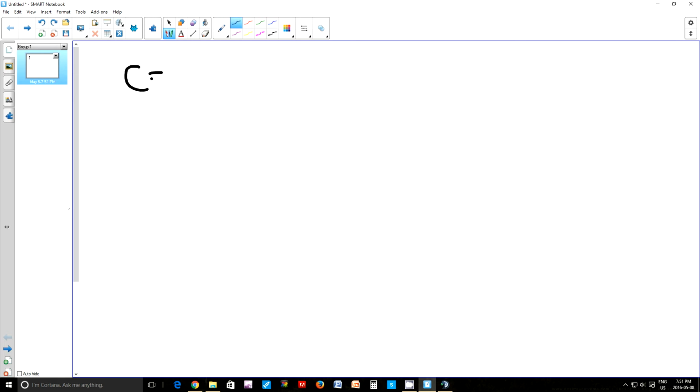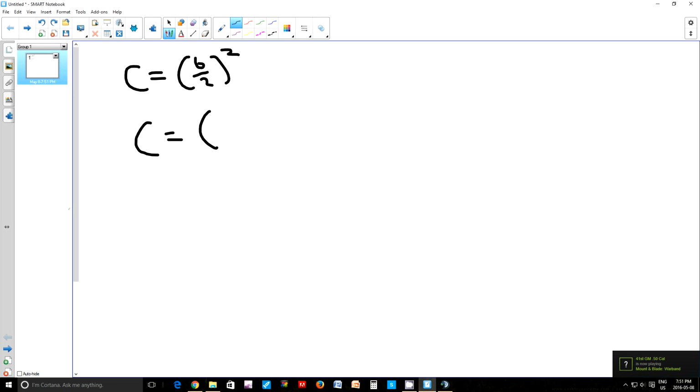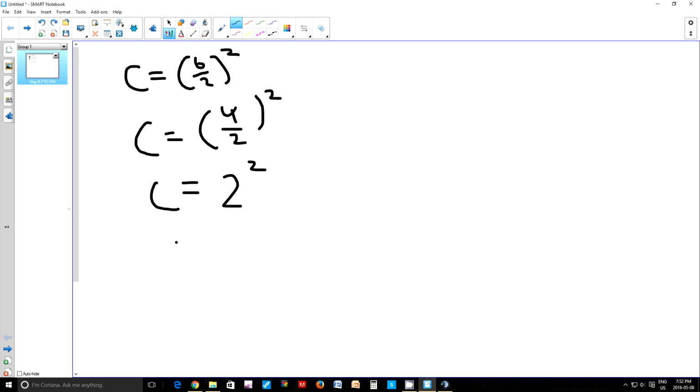c equals b divided by 2 squared. That's the equation. So if b was 4, let's say for an example, it'd be 4 divided by 2 squared, or 2 squared, so c would equal 4 if the b term was 4 as well.